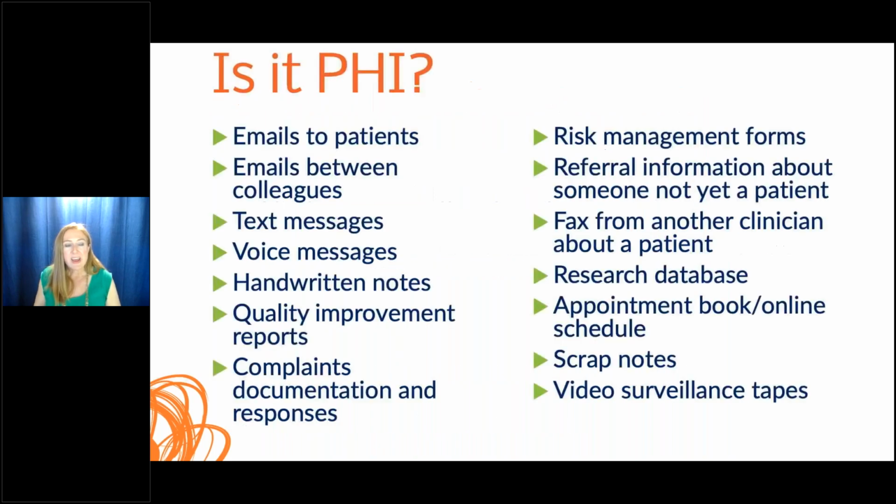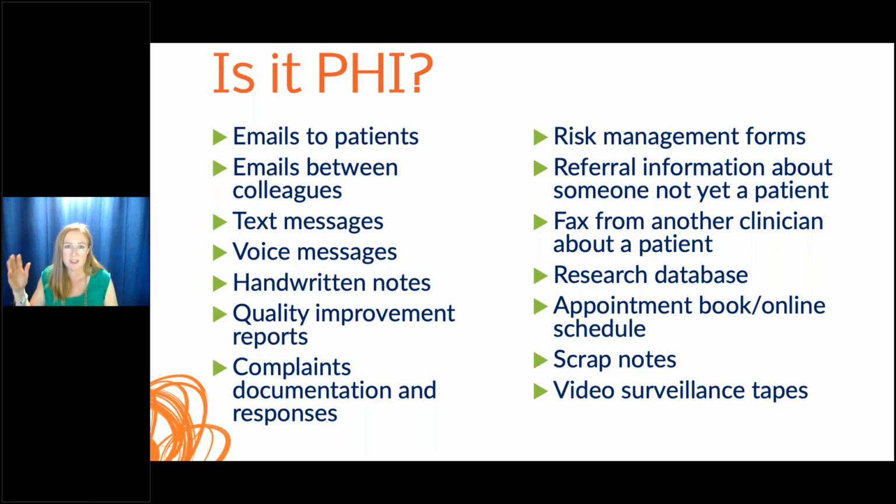A lot of healthcare providers think that the only record of personal health information is the chart or the electronic health record that you keep or the paper health record that you keep. But actually, our privacy law broadens out our understanding of what is a record of personal health information.